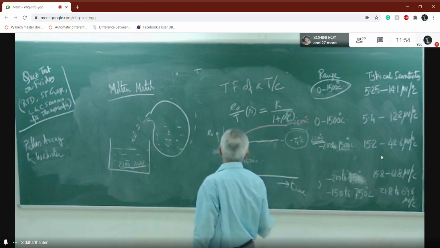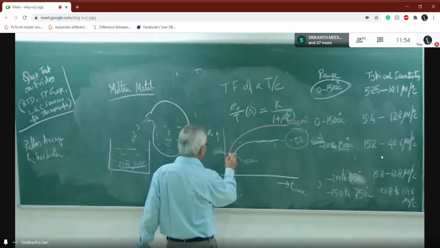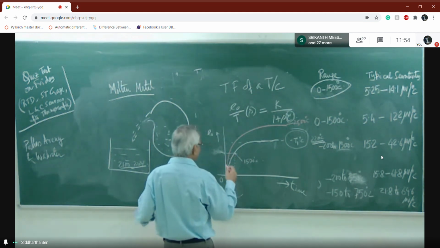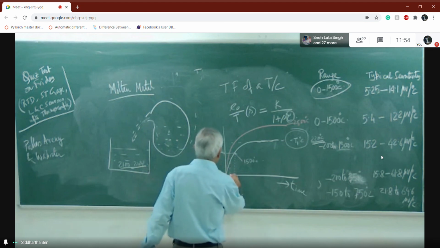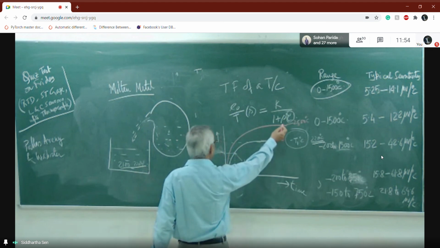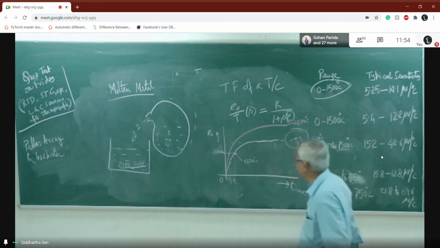When it reaches 1500 degrees Celsius, that means it is molten, actually destroyed. The time here, if it was 2500 degrees Celsius, it would have been some temperature T1.